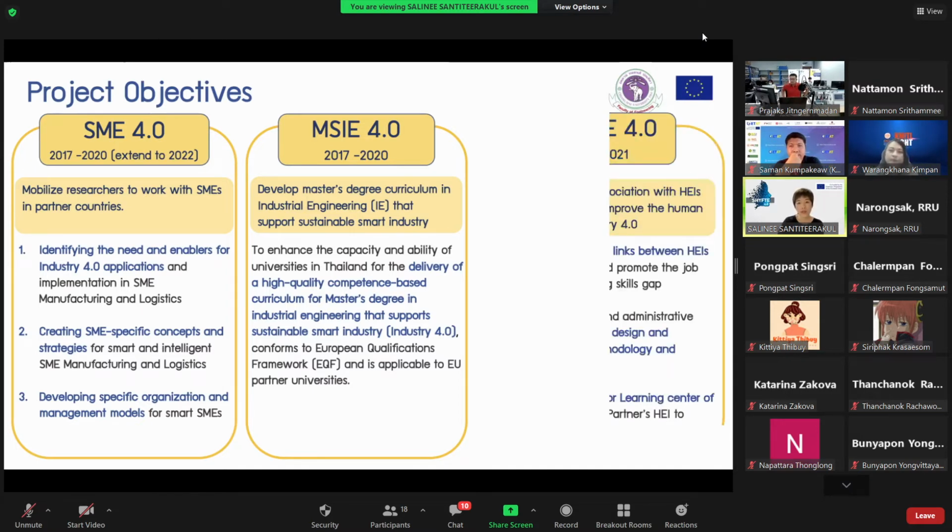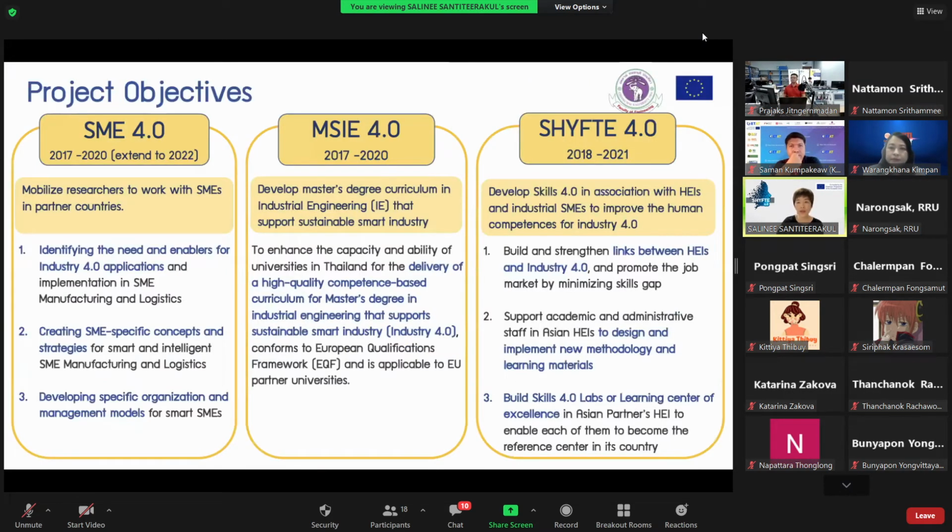And for the last one, the Shift project, this project aims to develop the skill 4.0 in association with the Higher Education Institutes. And also we aim to work with the industrial SMEs as well.